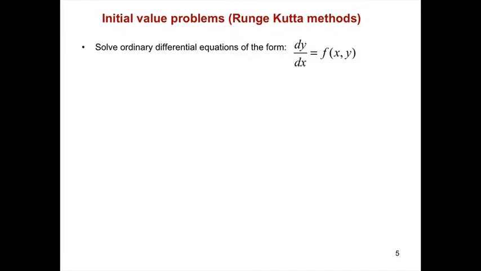All right. So as I mentioned, we're going to deal with initial value problems. So they're going to have the form dy dx is f of x, y, or dy dt is f of t, y. However you want to call your variables, doesn't really matter. So let's assume that we call them this way. So typically what we have is a certain initial value.